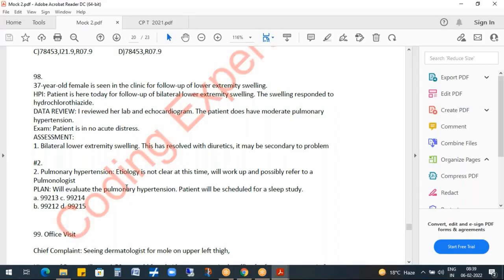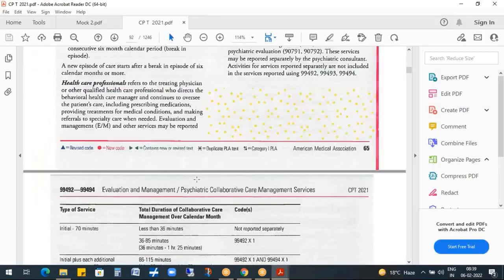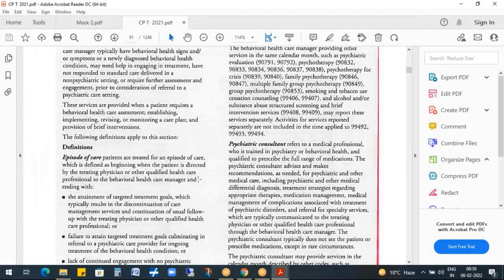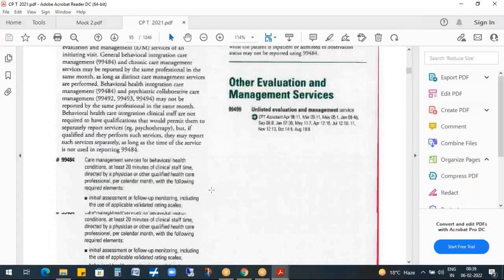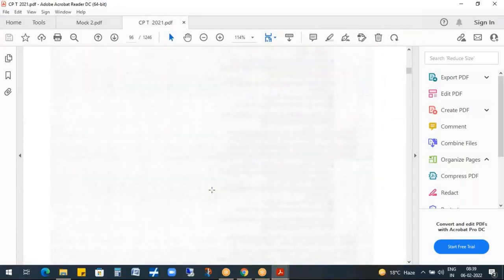Sir, once open the outpatient E&M table, sir, please. Sir, I'm coding wrong, sir. Only in this table I'm facing this situation. I'm not able to understand how to rule out.